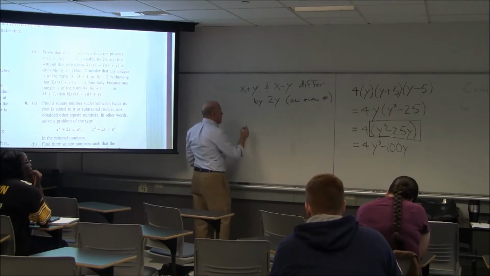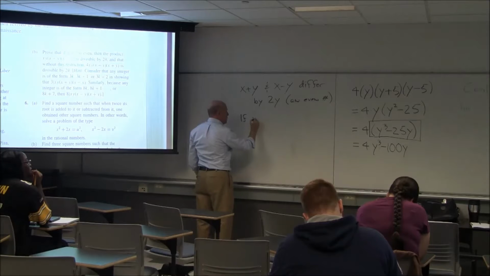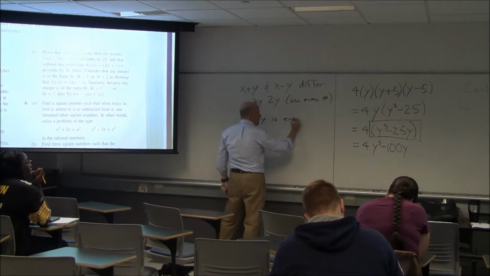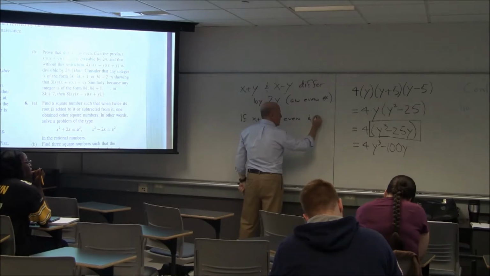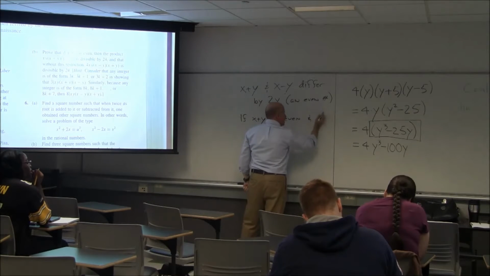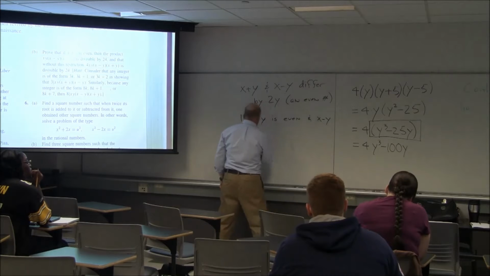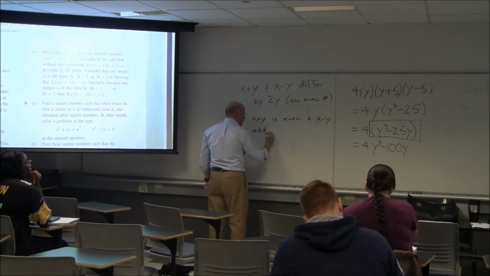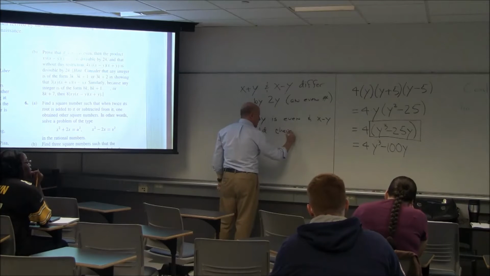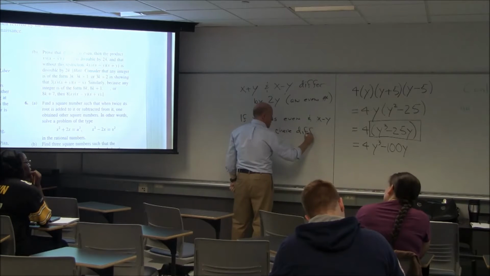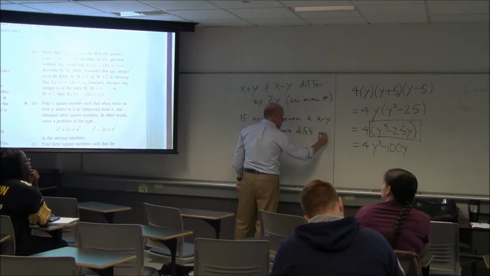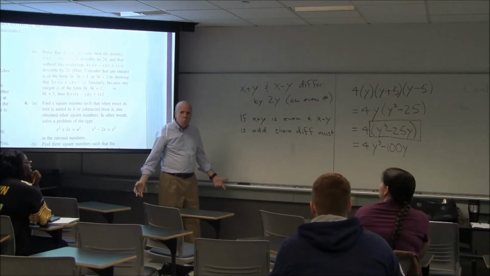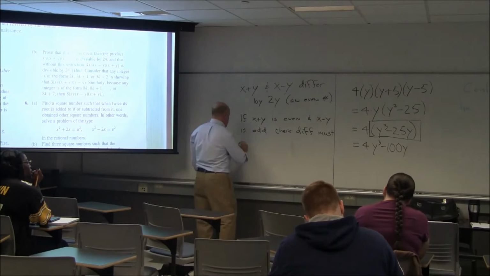Let me put it another way. If x plus y is even and x minus y isn't, what's their difference? You have an even number minus an odd number? It's got to be odd.